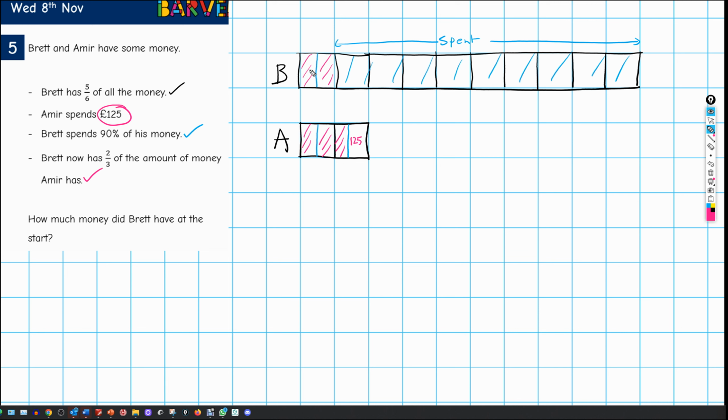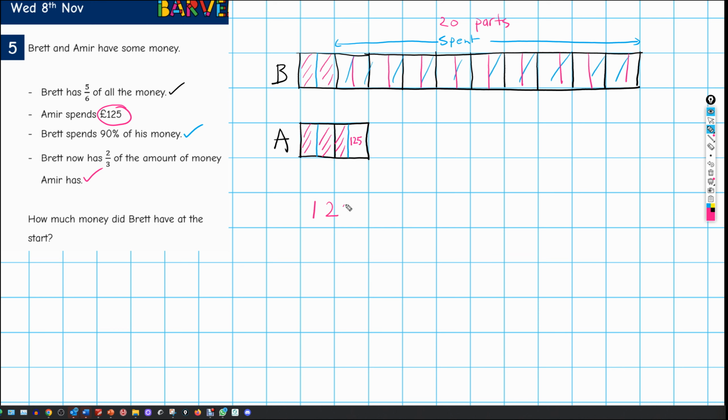And we are asked, how much money did Brett have at the start? Well, there must be 20 parts here now if I divide. So 1, 2, 3, 4, 5, 6, 7, 8, 9, 10, remember, but I'm splitting all of these again to keep the parts equal. So we now have 20 parts. One part has a value of 125.